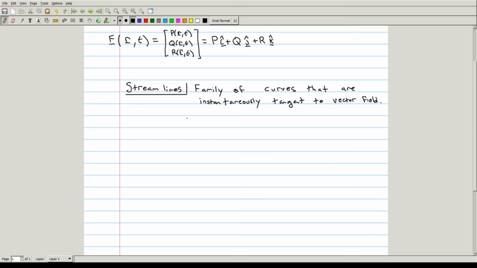So, for example, in the case of fluid flow, the streamlines at a given instant of time denote the path that a massless fluid element in fluid dynamics would take in the flow field.